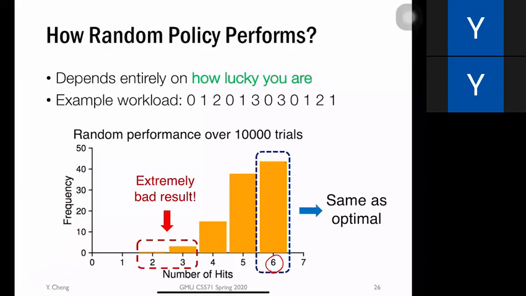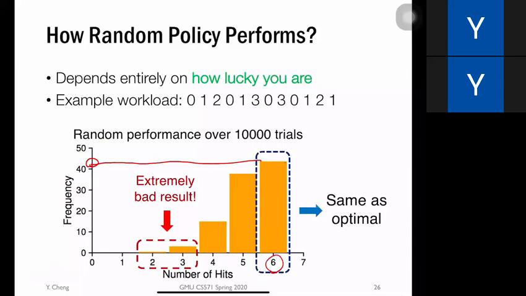And as you can see, more than 40% out of these 10,000 trials, the performance is approaching optimal.